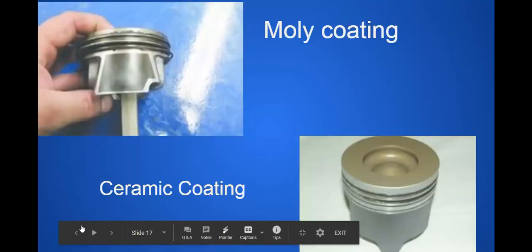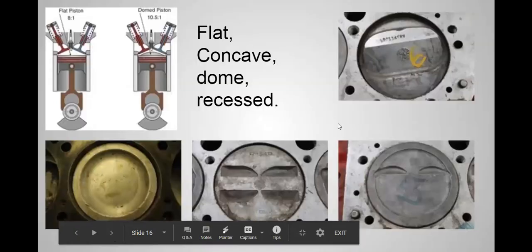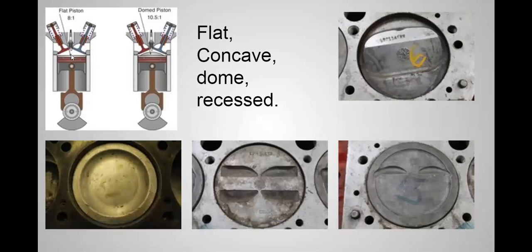Oh, I think I jumped ahead again. Here we go. So there's a couple types of pistons. On this top left image, there's a picture of a flat top piston, and then there's a picture of a dome top piston. The reason I share that is because the flat top piston, even though the stroke of the crankshaft is the same and all of the other features are the same, gives us an 8-to-1 compression ratio.